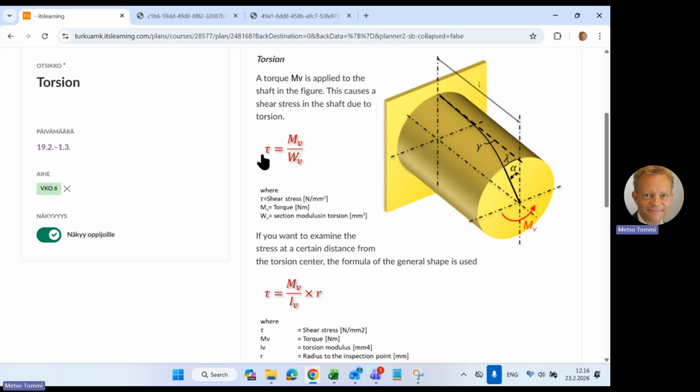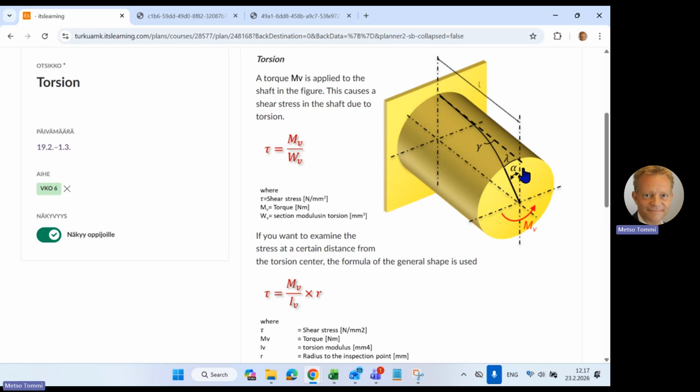Shear stress is torque per section modulus torsion. And so M per W when you calculate the shear stress in this kind of situation.